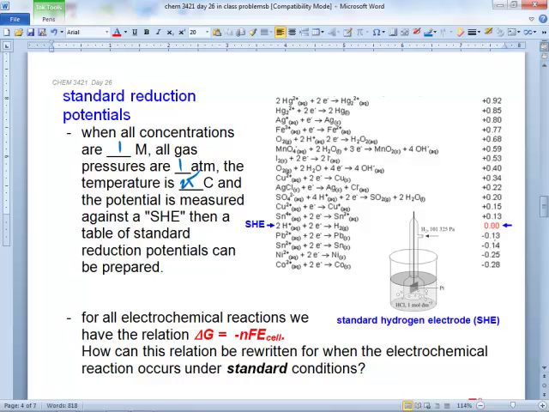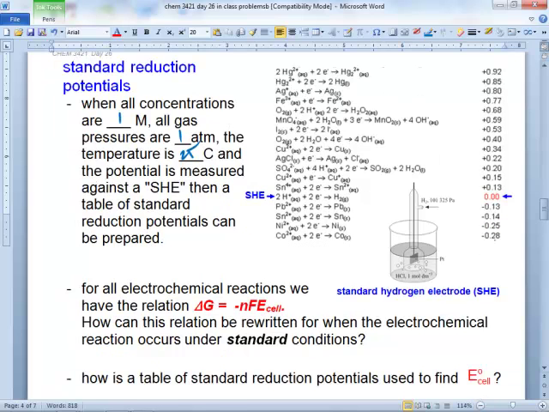For all electrochemical reactions, we have that relation that we mentioned. How can this relation be rewritten for when the electrochemical reaction occurs under standard conditions? We want to write this equation again.